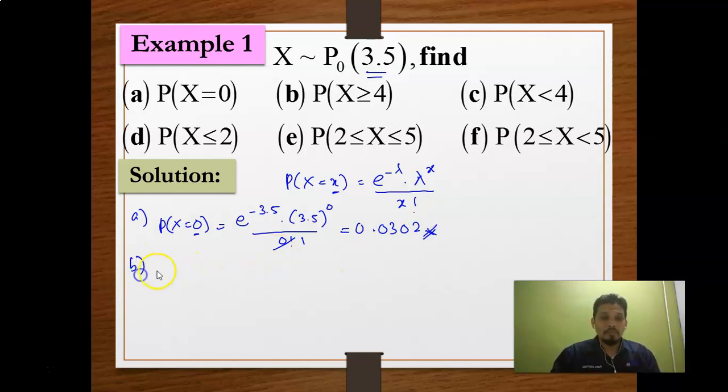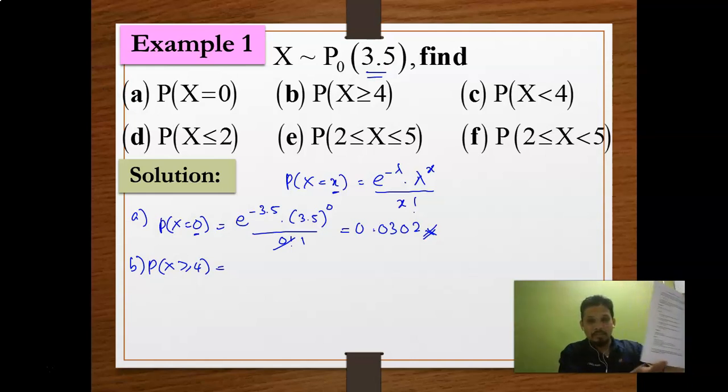And what about B? The probability of x greater than or equal to 4. For this one, I think we straightforwardly use the statistical table. For Poisson distribution, it begins with page 10.